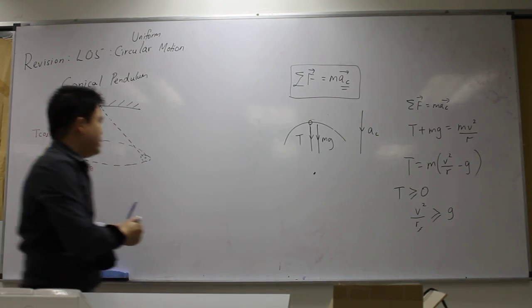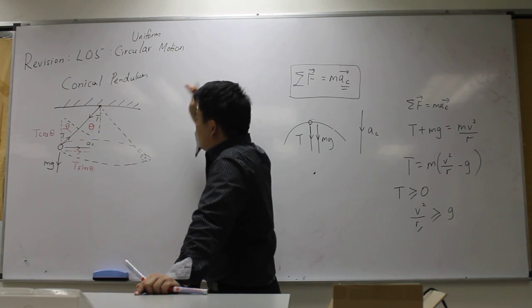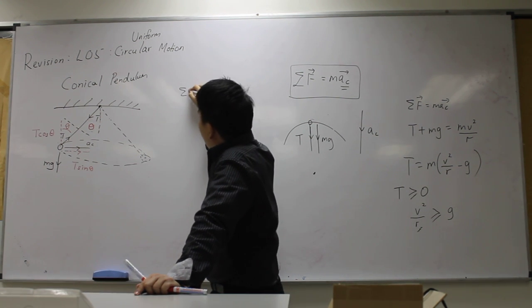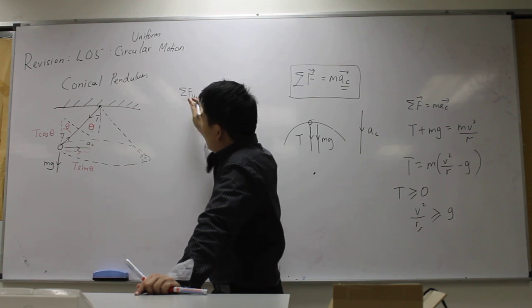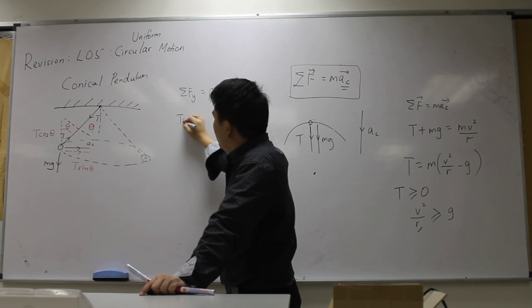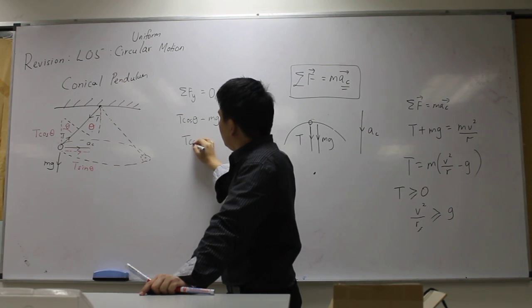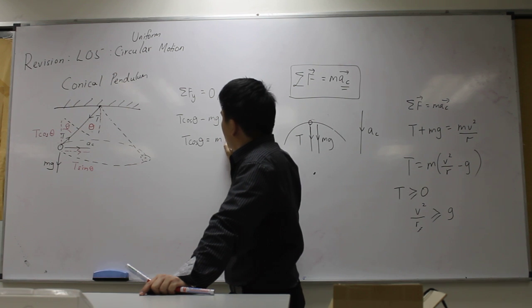Since the net movement is to the right or inward, there is no vertical movement, which means sigma Fy equals 0. Sigma Fy acting on this ball or pendulum equals 0. So T cos theta minus mg equals 0. T cos theta equals mg.